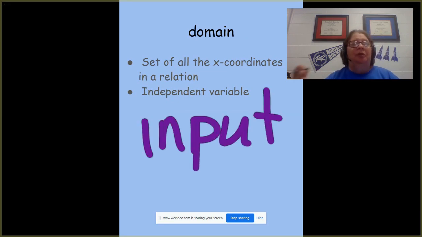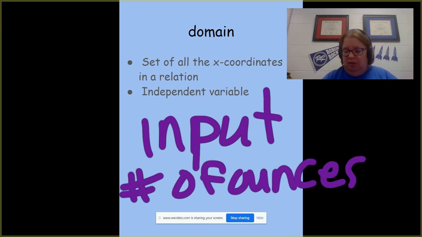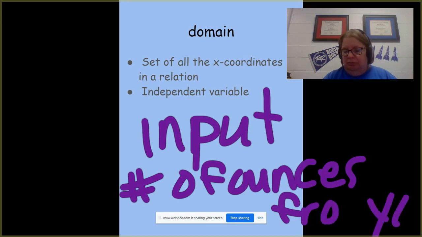So if you're going to the store and you're buying frozen yogurt, your input is what you decided: the number of ounces of frozen yogurt. That's the domain. Domain is all the x values. So some of the questions you will encounter this year talk about what is a reasonable domain for this function. Okay, what is a reasonable domain?